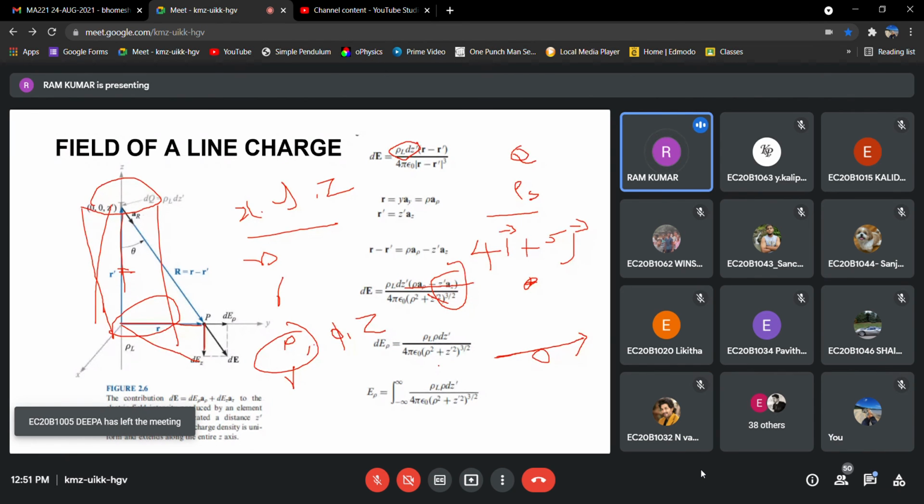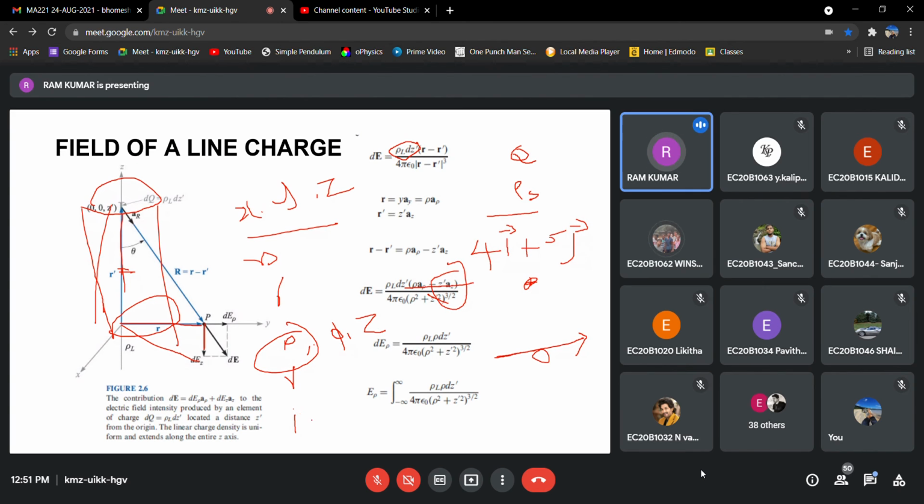Sir, in the middle I got a bit distracted. What are z dash a_z and a_y and all? Okay, see, what are i, j, k? They are unit vectors.